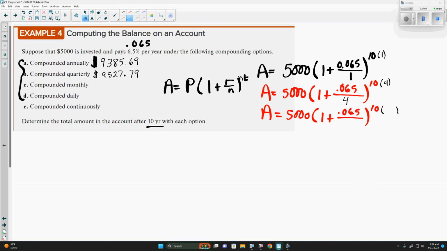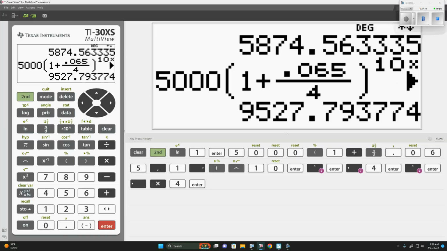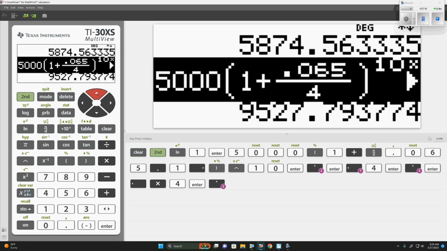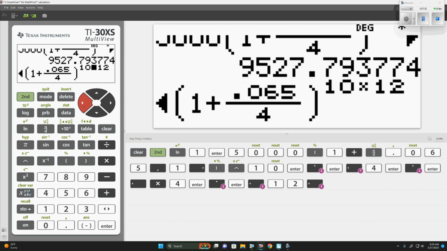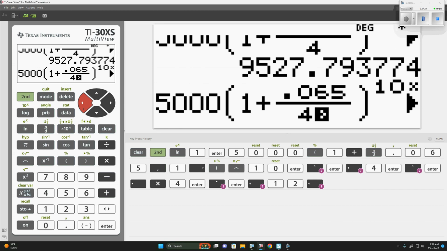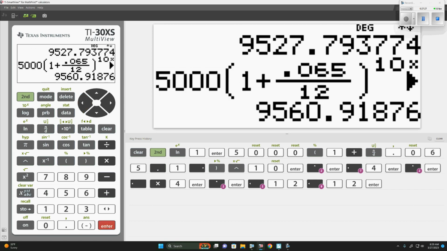So our n would be what this time? 12, because there are 12 months in a year. So now we're going to switch the n in our equation to 12. And again, we should expect the amount to go up. $9,560.92.